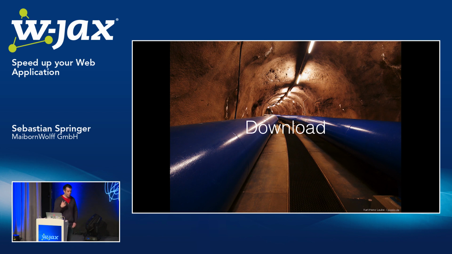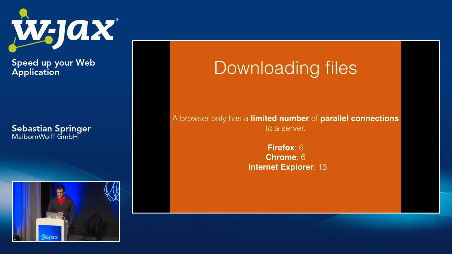And the problem with the downloading of resources is that the browser has a limited capacity of parallel connections to the server. These are example figures, so Firefox and Chrome are able to process 6 parallel requests, and if you have a 7th or 8th request, they are queued until one slot gets free and then the rest is downloaded.